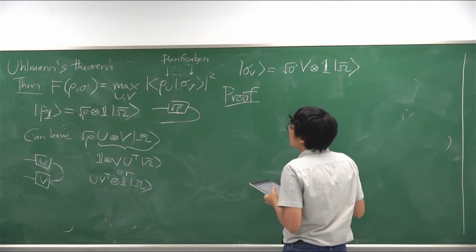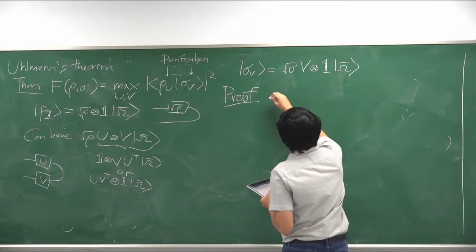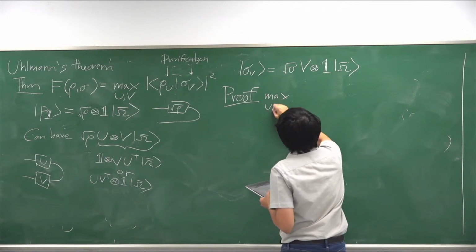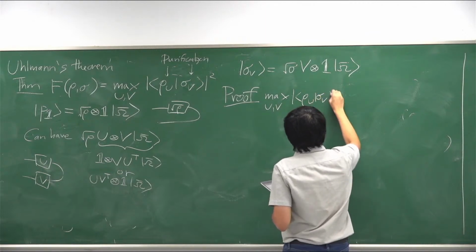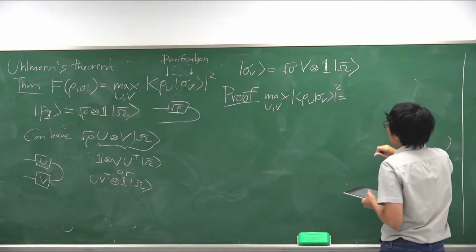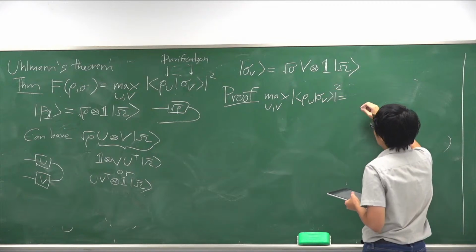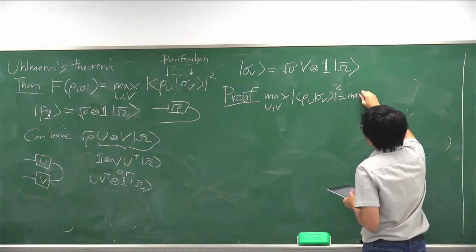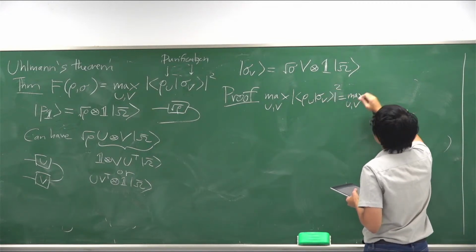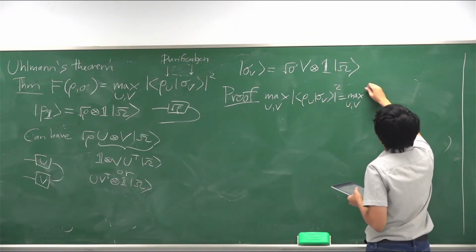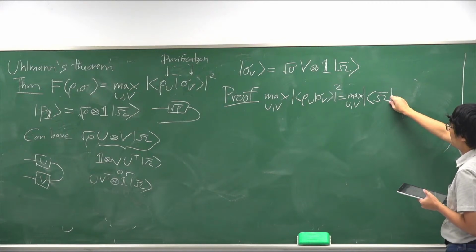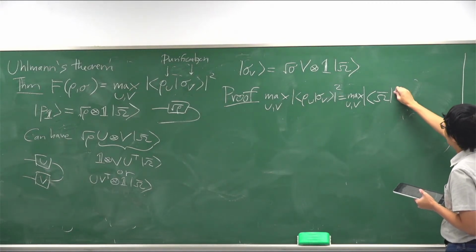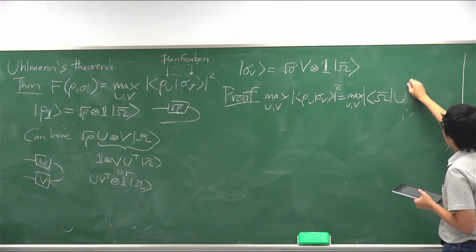So the max over U and V of this is, and then I just write down the definition of the purification. Now I have U dagger rho.